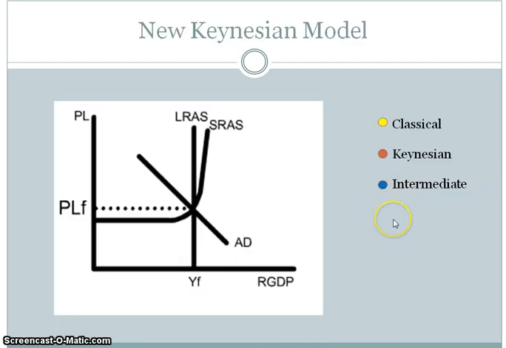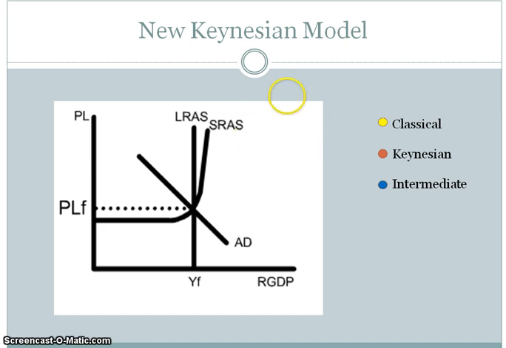But we have a differentiation in the short run aggregate supply curve when we talk about the classical versus the Keynesian model. The classical model originates in the 1800s with Jean-Baptiste Say. He's known for Say's law, and Say is S-A-Y, which says that supply creates its own demand.